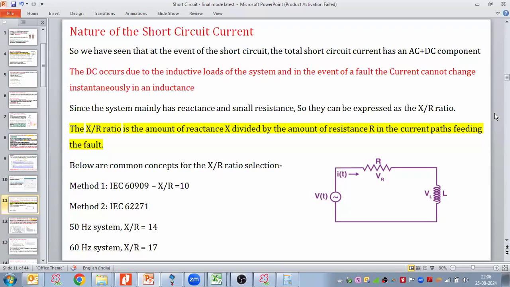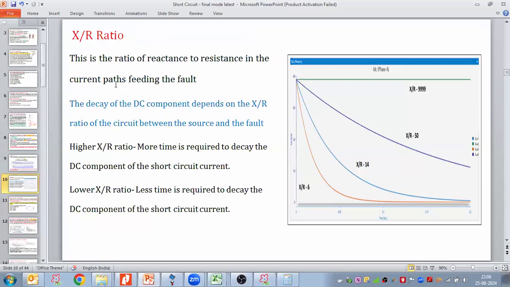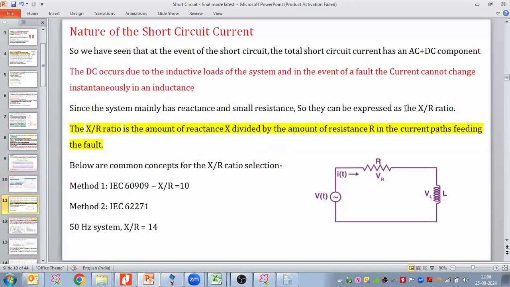Due to that, this DC unidirectional behavior comes into the AC system. Since the system mainly has reactance and small resistance, all the system from the source to the fault point can be expressed as the X by R ratio.